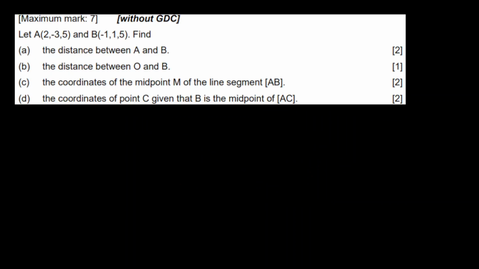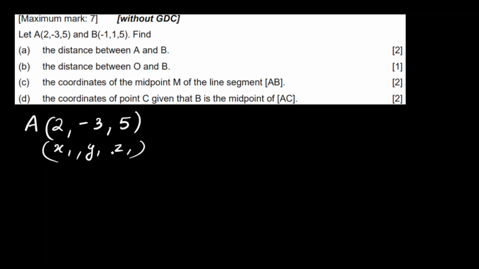Let's do an example now. So here two points are given to us, point A and point B. So coordinates of point A are (2, -3, 5). So that means x1, y1 and z1 is given to us.